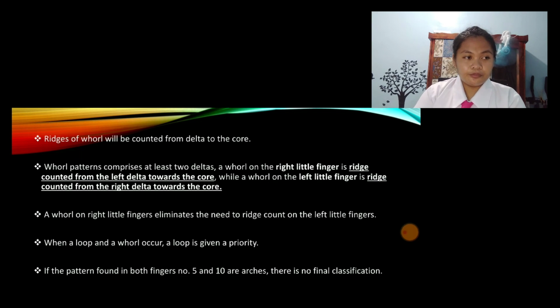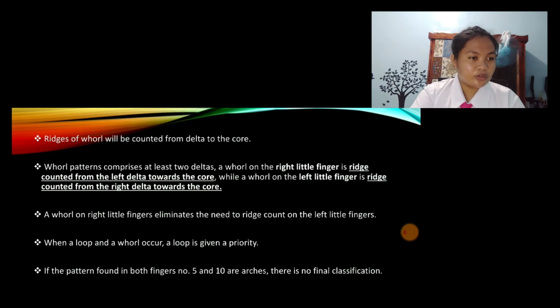So only if both fingers are whorls, only the ridge counting of the right little finger is brought to the classification formula. So the left little finger is eliminated.